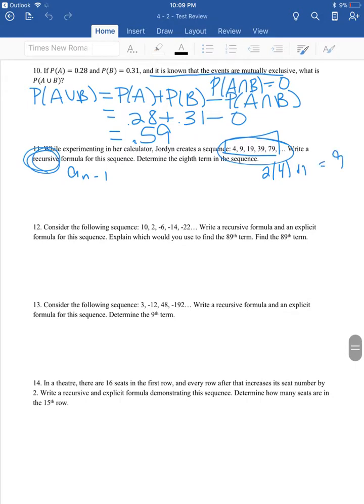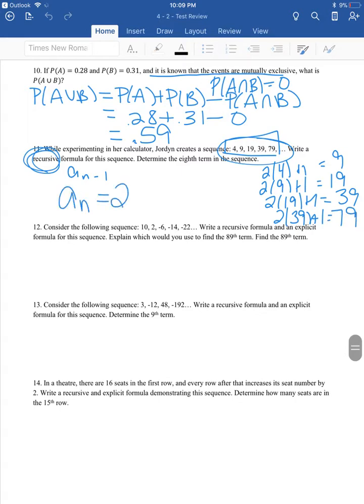That gives me 9. So I have to see if that works. Now we would do 2 times 9 plus 1 to give me 19. 2 times 19 plus 1 is going to give me 39. And then 2 times 39 plus 1 gives me 79. So that is the pattern. So A sub n is equal to 2 times A sub n minus 1 plus 1.